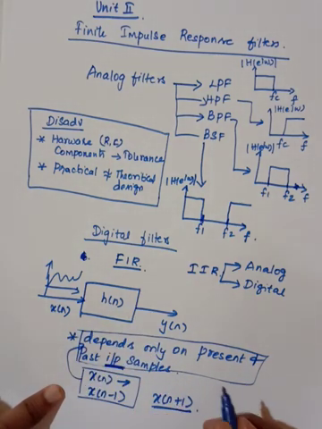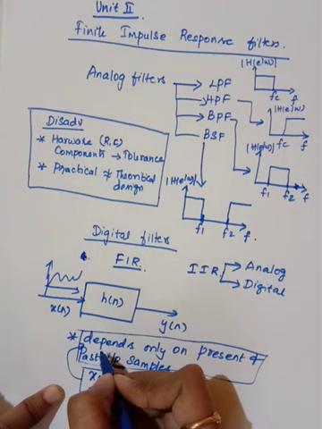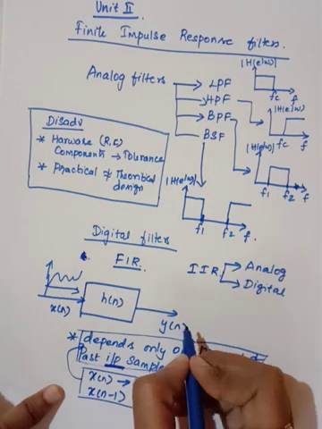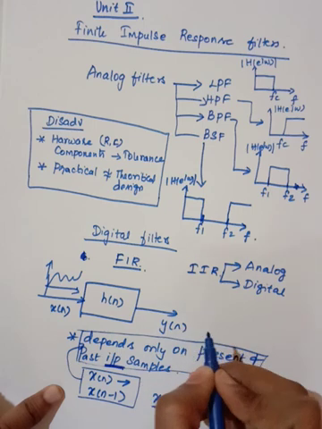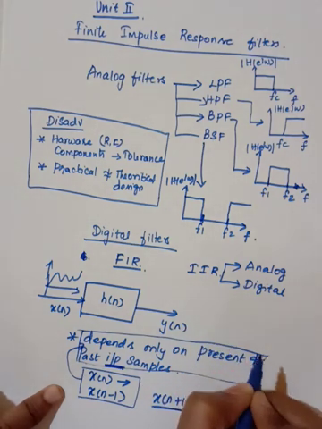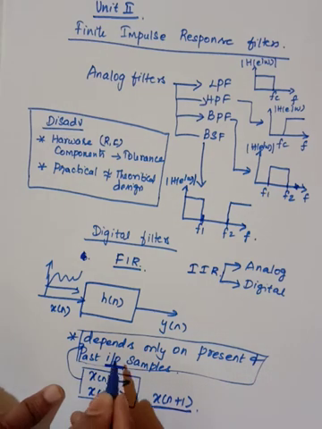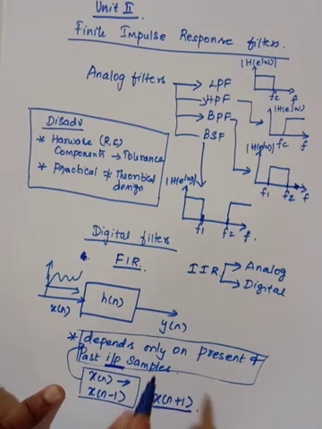In the IIR filter, we will see in the next unit, but I will quickly tell what it is. In the IIR filter, the output y of n depends upon the present and past input and output values. You have to note that the FIR filter depends only on the input values, whereas the IIR filter depends on present and past input and output values.